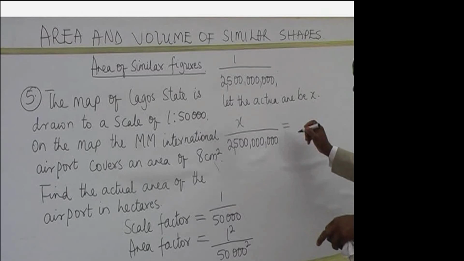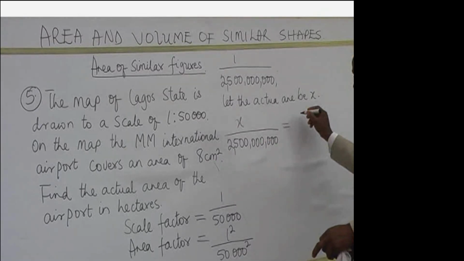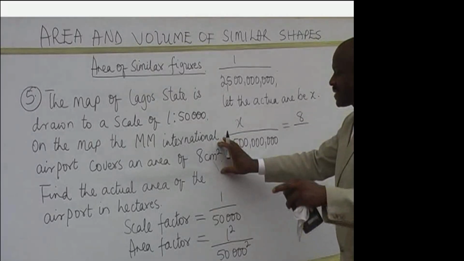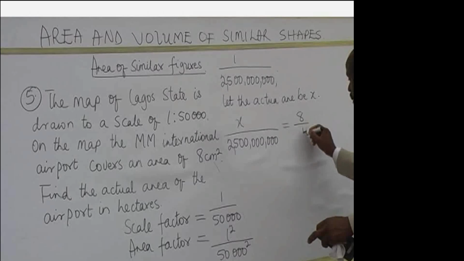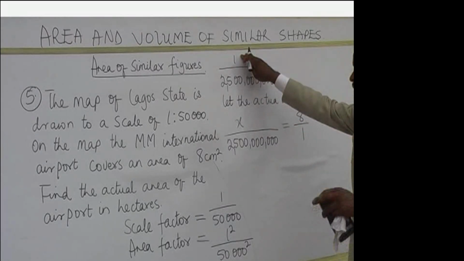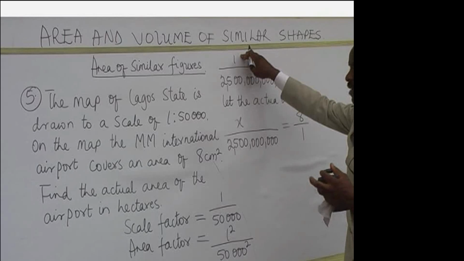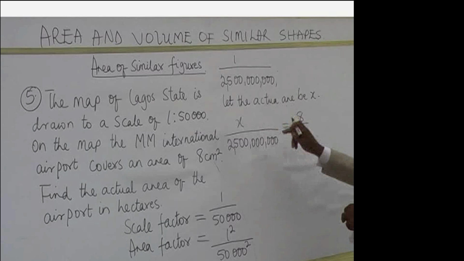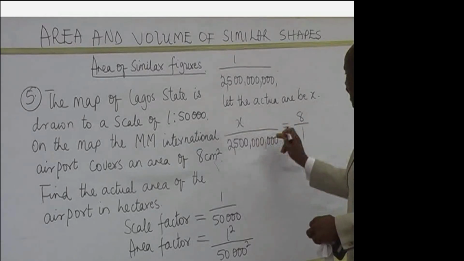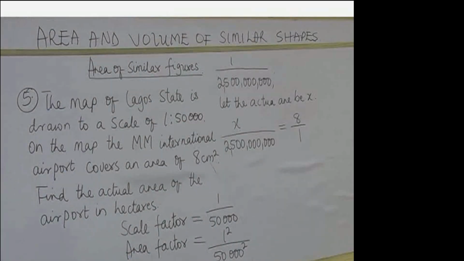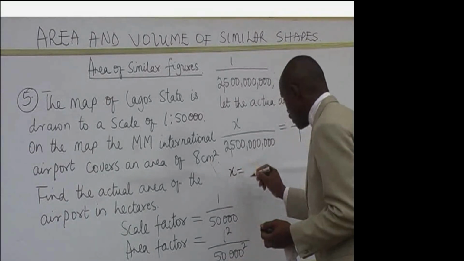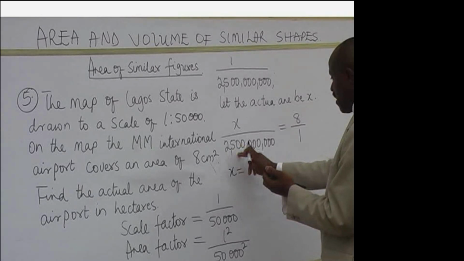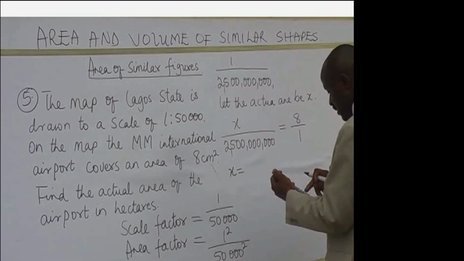Now it's going to be equal to 8, which is the measurement inside the map, divided by 1, which is the representation of the measurements in the map. If you cross multiply, X times 1 will give you X. X is going to be equal to 2,500,000,000 times 8.